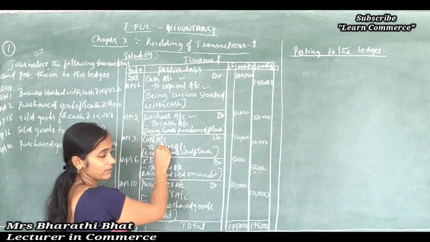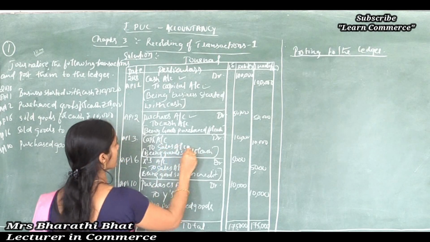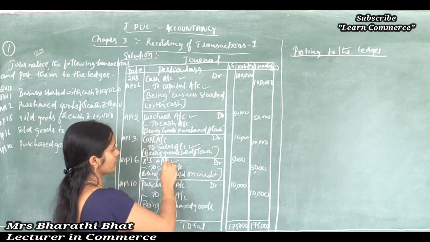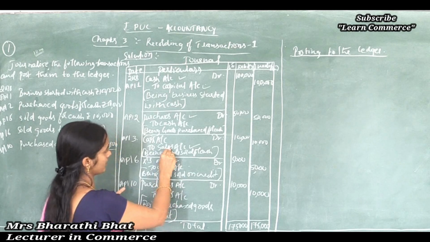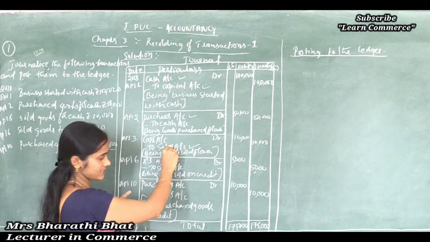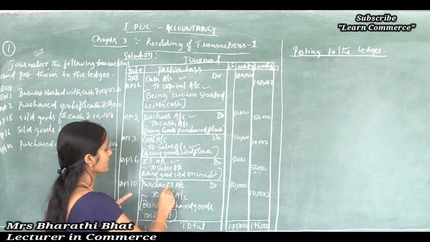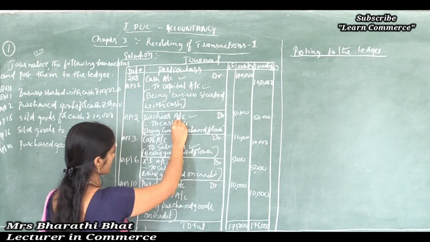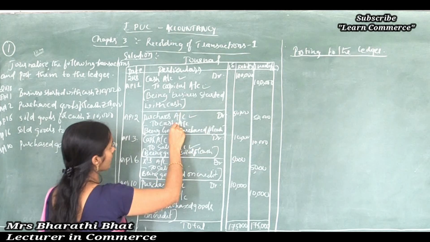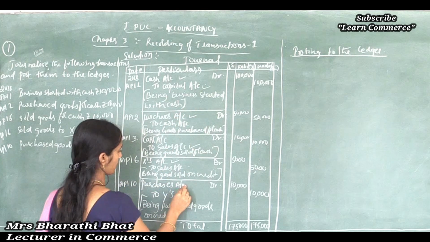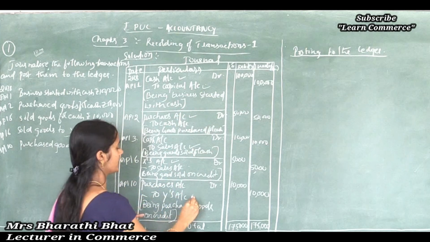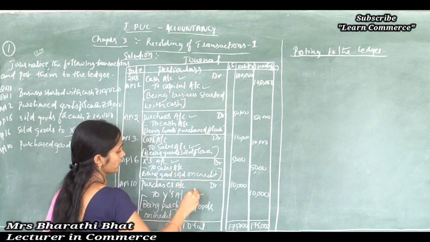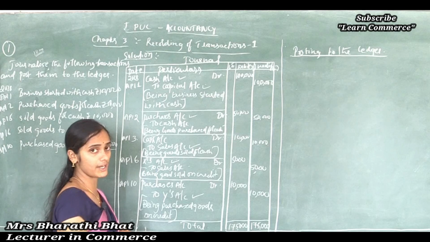No need to prepare one more cash account. Sales account, and here X account. Sales account is already there, no need to prepare it once again. Purchases account was prepared in the second transaction, so no need to prepare it again. And here Y's account. So 1, 2, 3, 4, 5, 6 accounts.